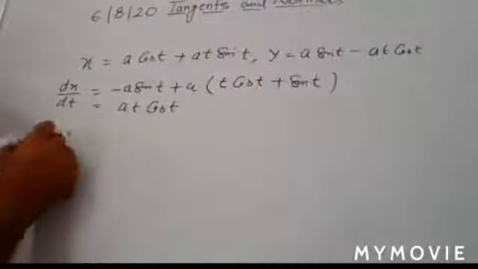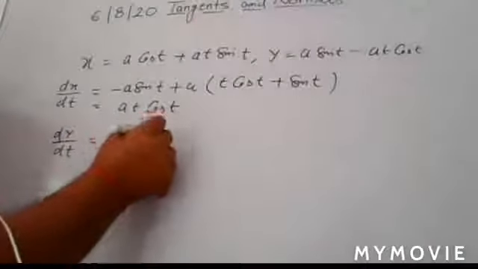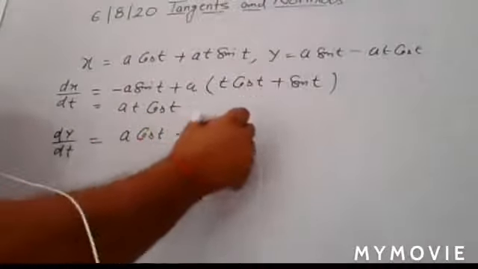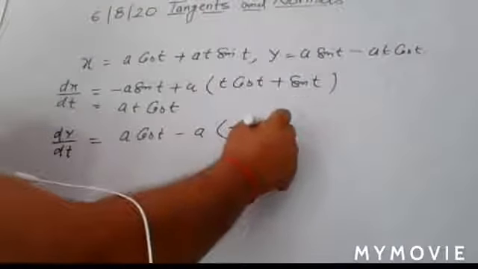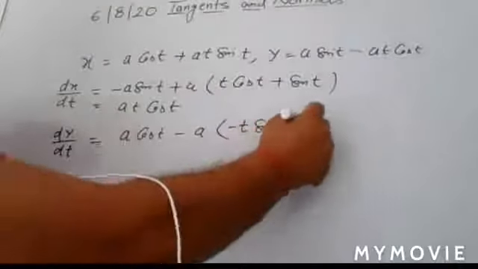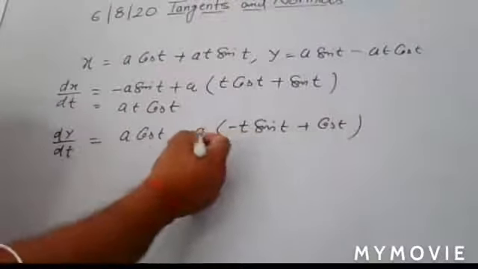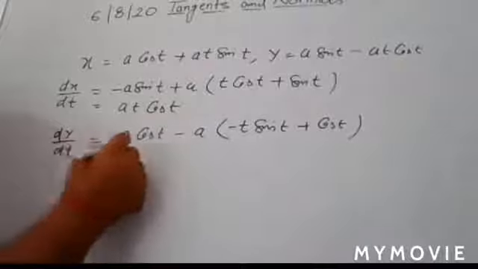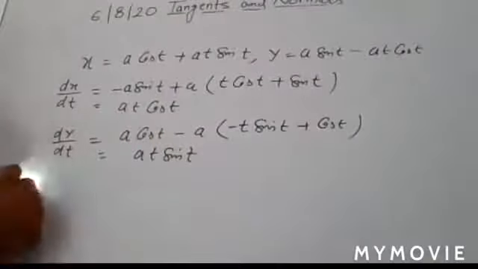In the same way, the value of dy by dt is equal to a cos t minus a into, applying the product rule, minus sin t plus cos t. Now if you open the bracket, a cos t cancels out and you have a t sin t.